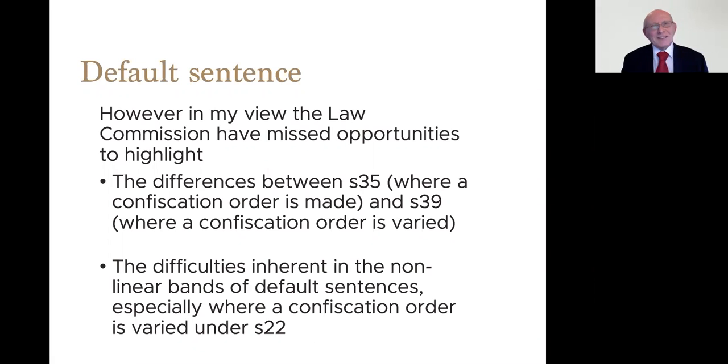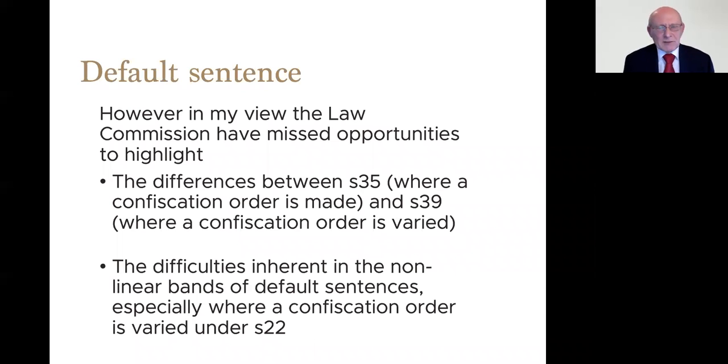This is the significance of the amount ordered to be paid. Let's say his original benefit was, say, £2 million. His original available amount was £500,000. He was ordered to pay £500,000 originally. There was a default sentence set of, let's say, 5 years.